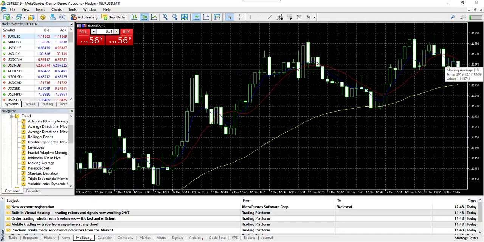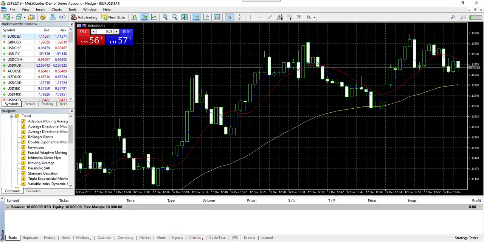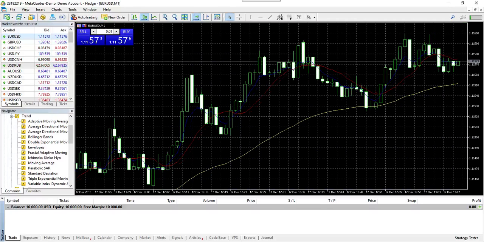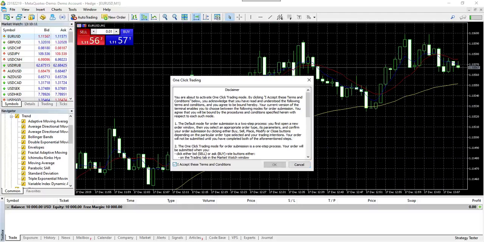Once you know these things, you will be able to know when to place your trade. Now let's use an example, because this is a demo account. I currently have 10,000 US dollars. Now the market is actually selling. This is my first time of using this.